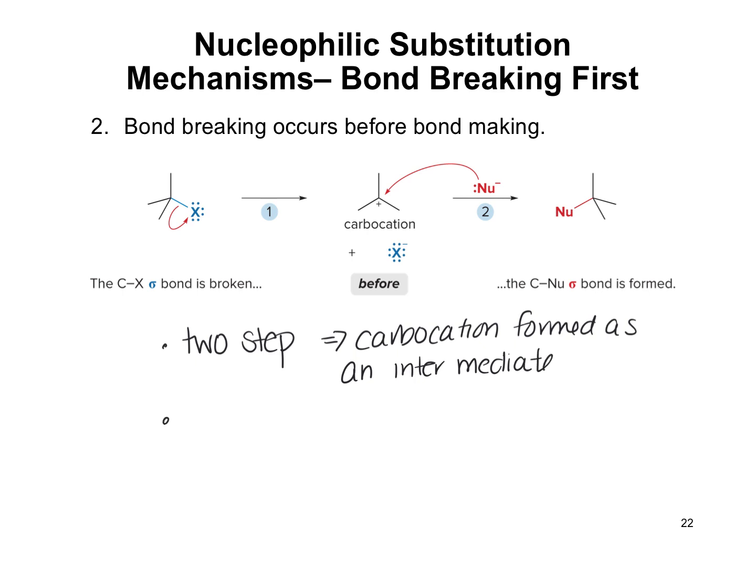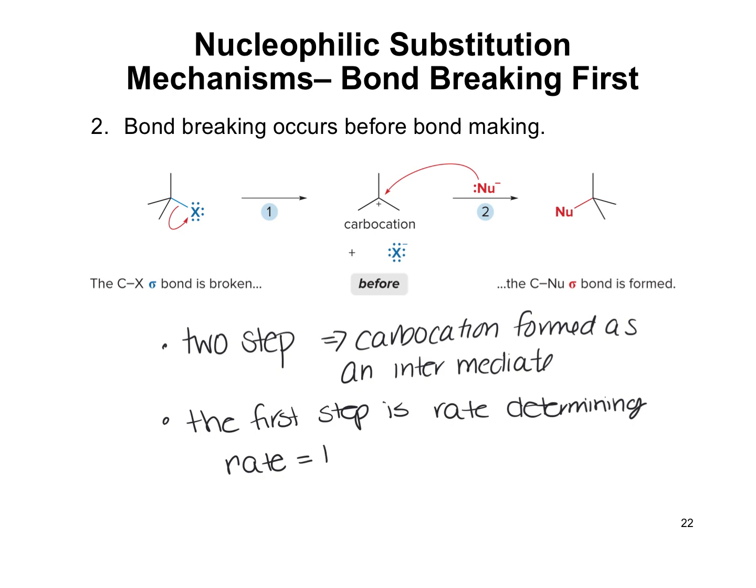And the first step is the rate determining step. Right? So this means that then the rate would just equal, right, the rate constant times the concentration of the alkyl halide.